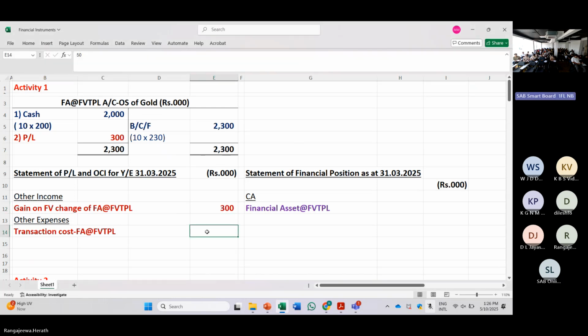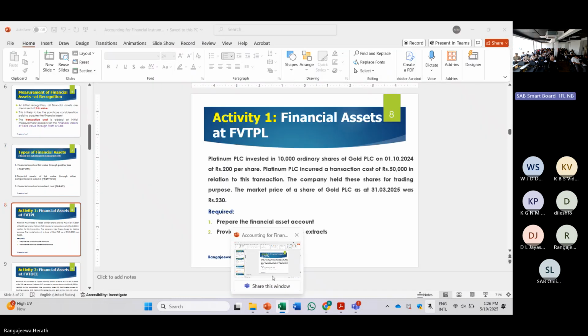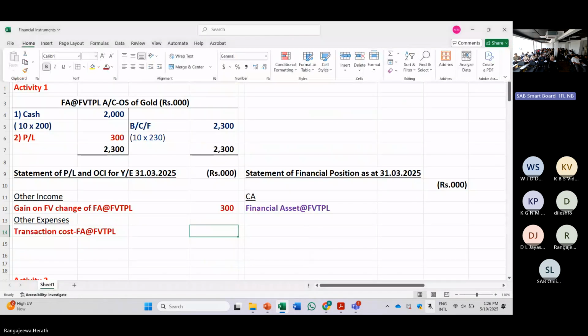This transaction cost, 50,000, is given in the question. The company incurred transaction cost of 50,000. So that you can record under other expenses.